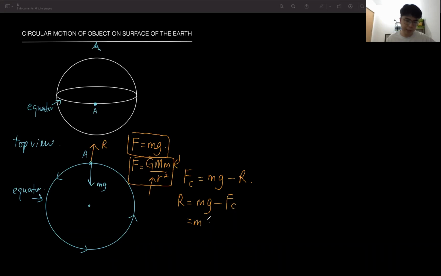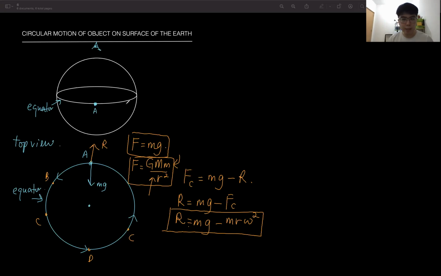I can express it as mg minus mrω². This is to find the reaction acting on the object due to the rotation of the earth. At any point along the equator, the reaction is the same.